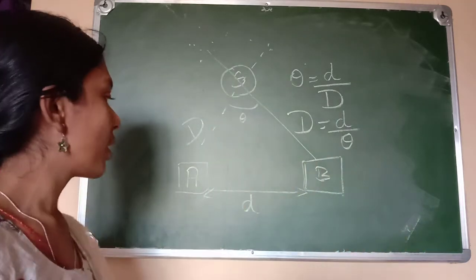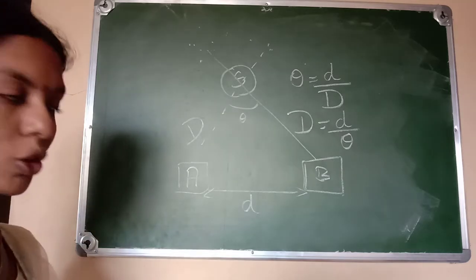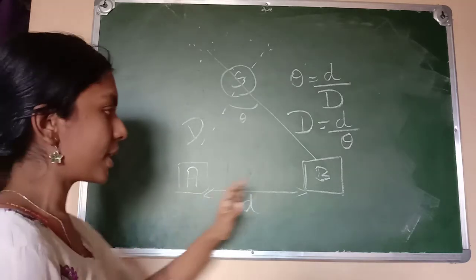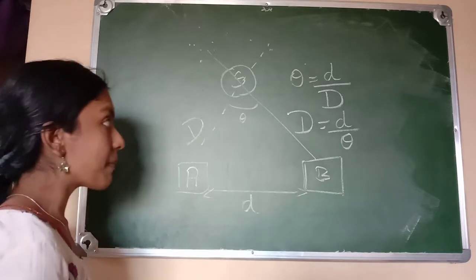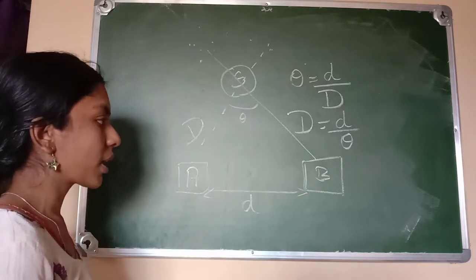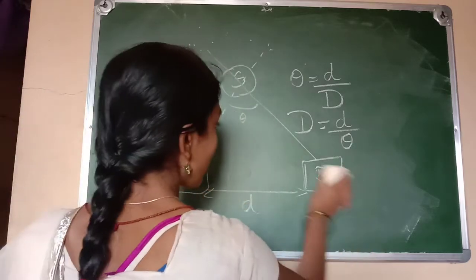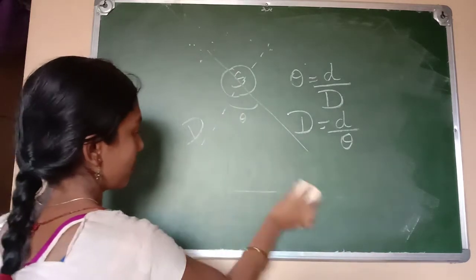So this is the method we use to measure. In some cases, instead of two different observatories, the same observatory can do the measurement. How is that? You do not have two observatories.